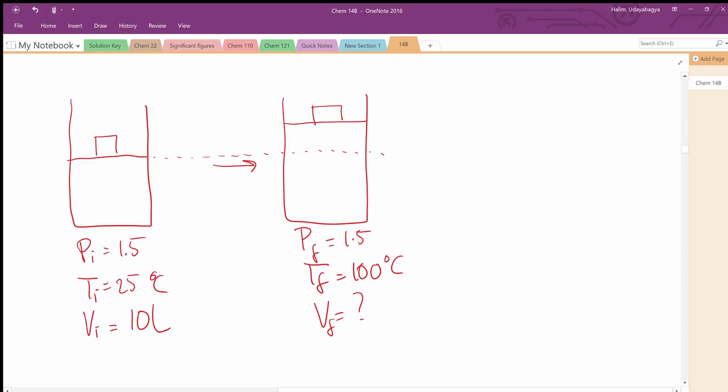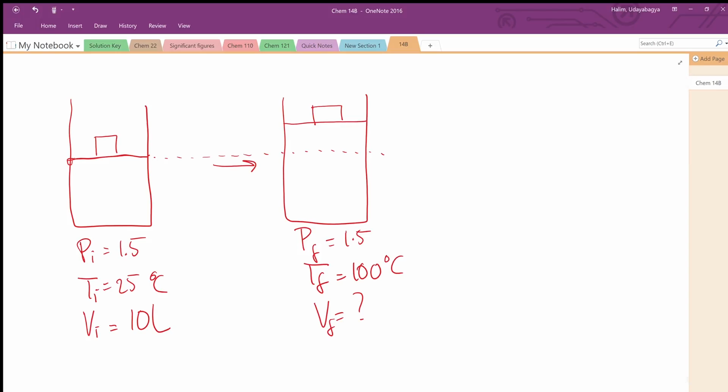So I still heat up my gas, but instead of heating it at a constant volume, I heat it up at a constant pressure. In order to achieve that constant pressure, all I have to do is just put a lid on it. Instead of fixing the lid on one side so it doesn't move, I simply put something heavy on top of it to make sure that the pressure is the same.